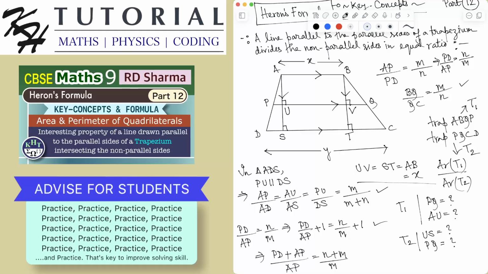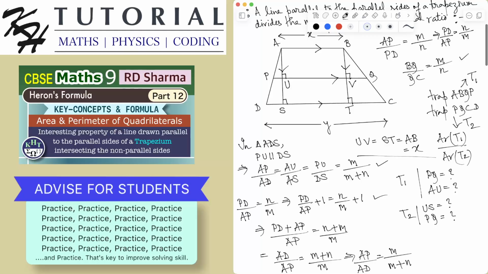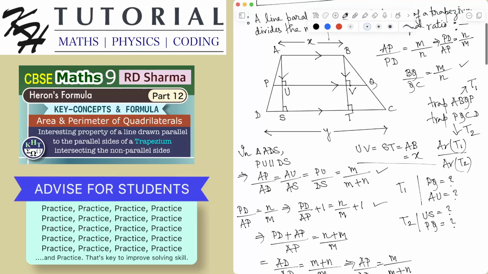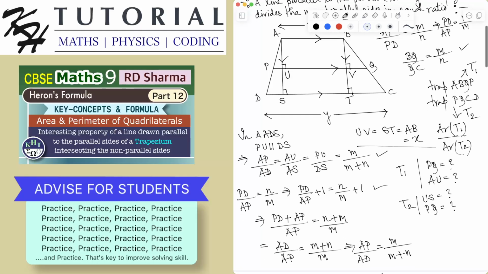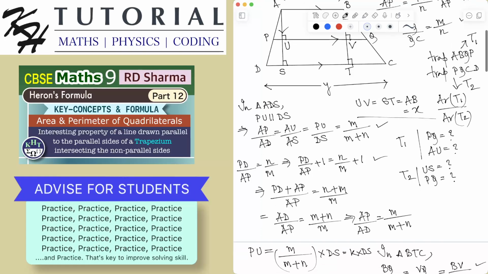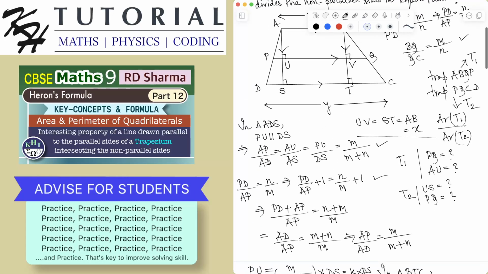This implies PD plus AP by AP equals n plus m by m. Now PD plus AP is equal to AD. So AD by AP is equal to m plus n by m. So this implies AP by AD is equal to m by m plus n. This is fine.